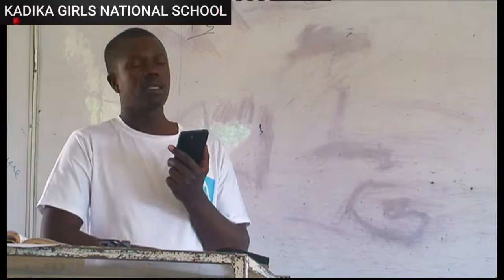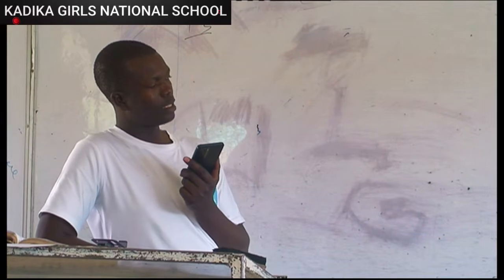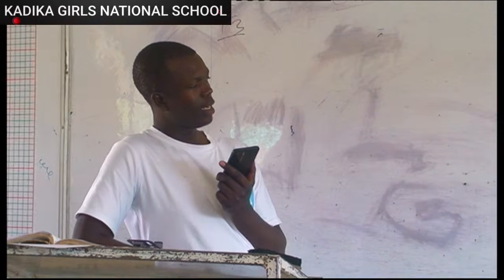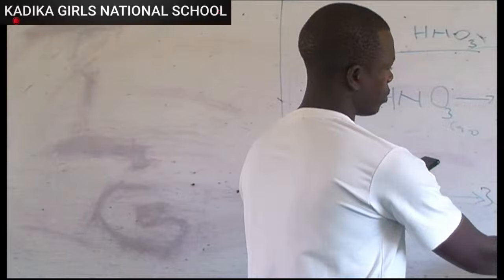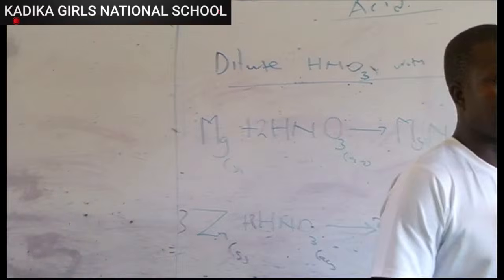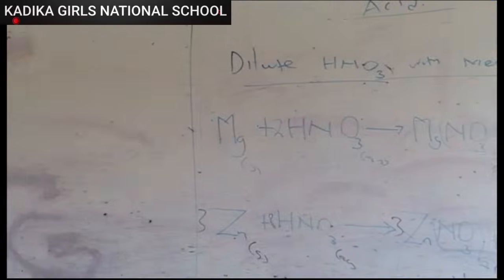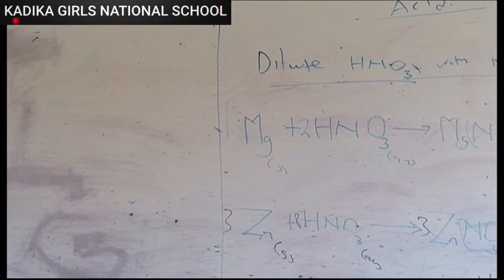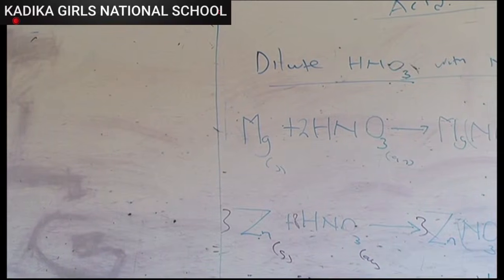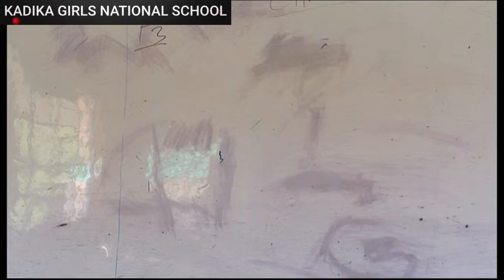We have mentioned that it reacts with the less reactive metals to form metal nitrate, nitrogen 2 oxide, and water. That is because the hydrogen formed is readily oxidized to water.